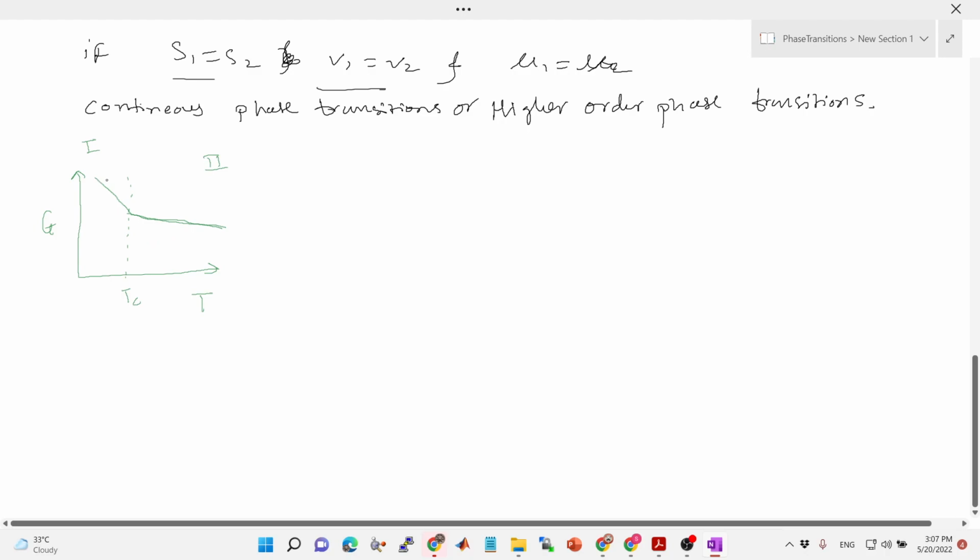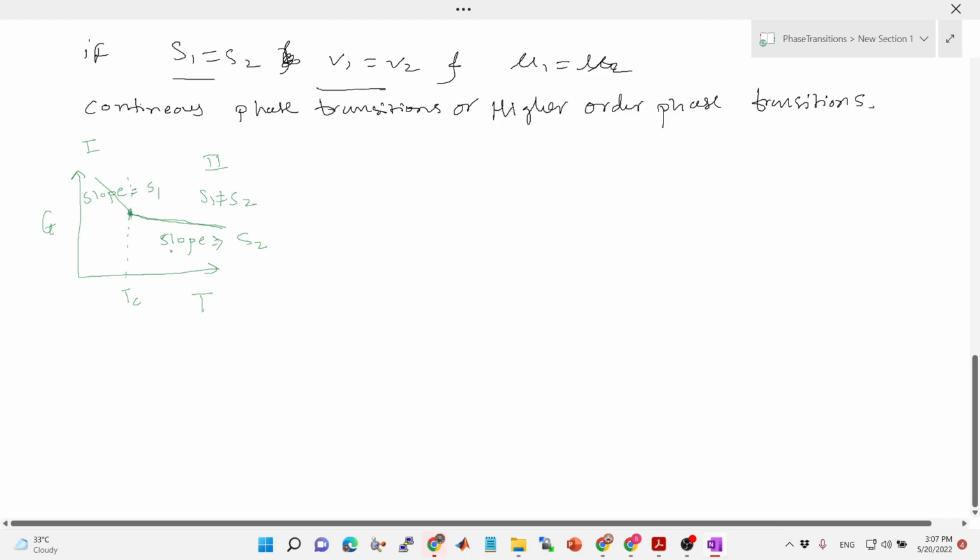If you look at the slope here, ∂G/∂T will give you the entropy for the first phase, and same thing here, the slope will give you S2. And you can see at this point, S1 is not equal to S2 at the phase transition.